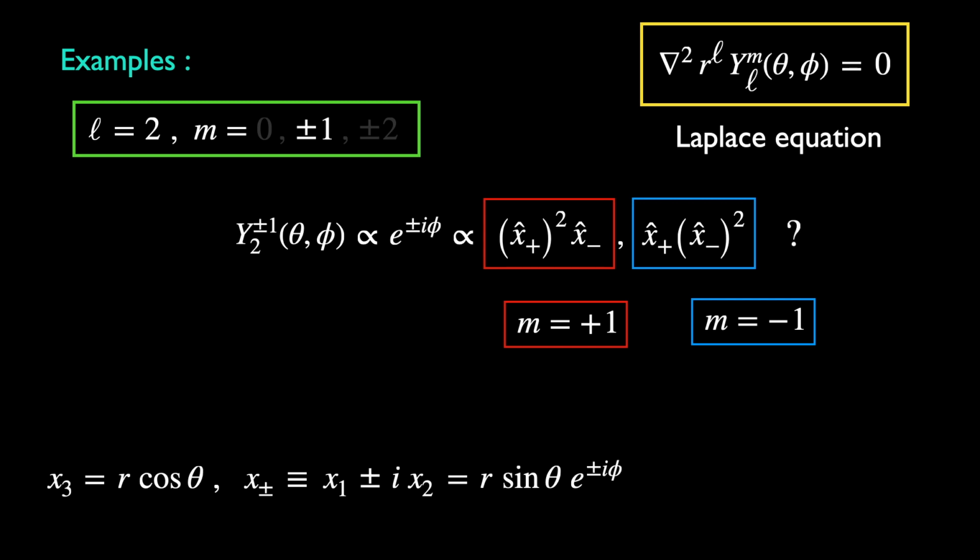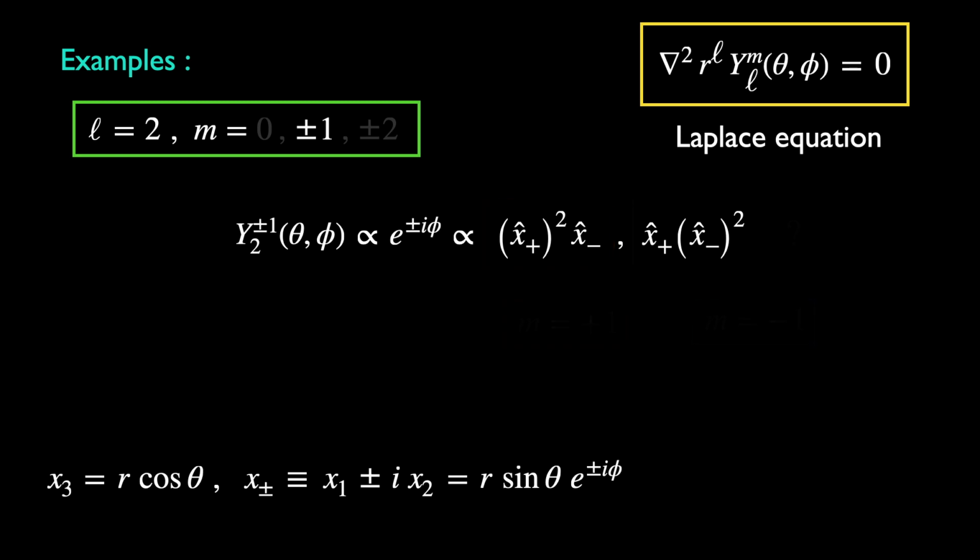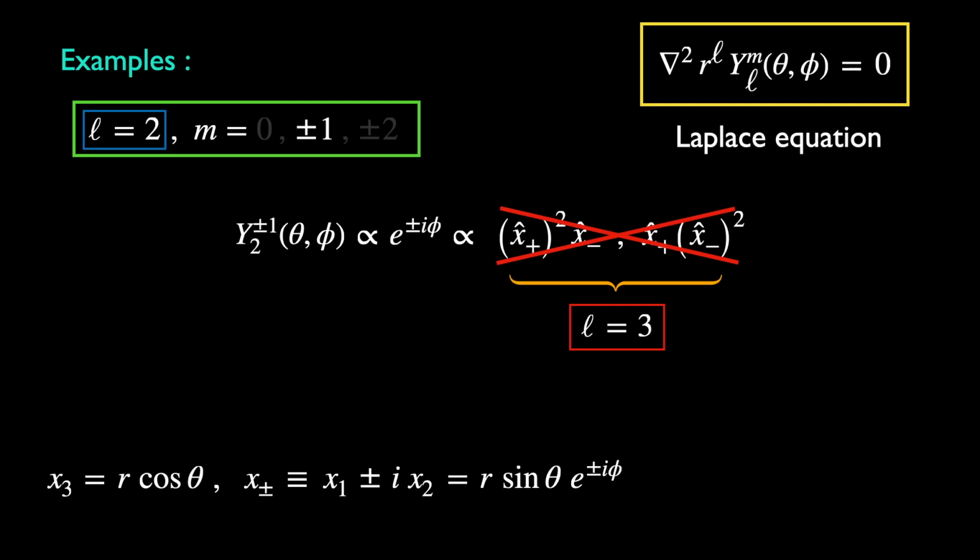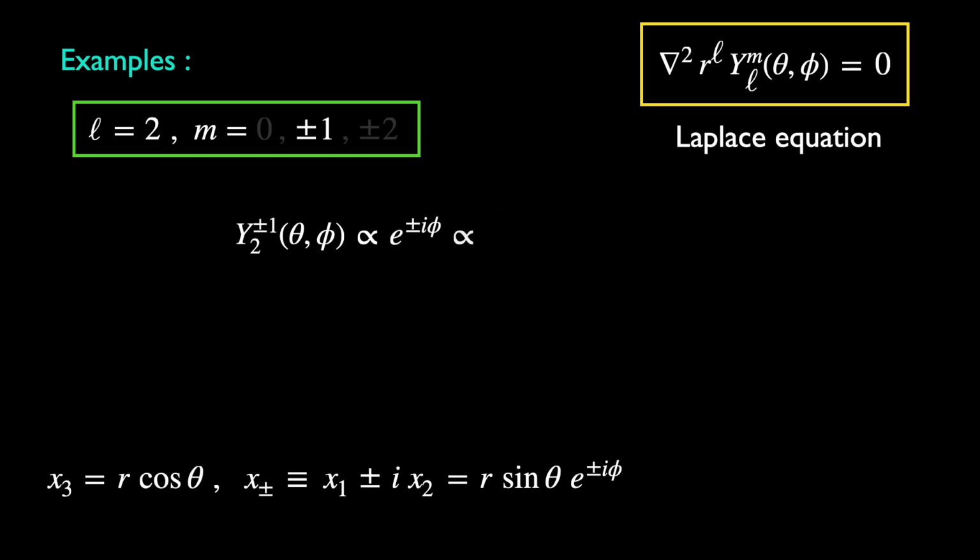Turns out that these are not acceptable, as their values for L is 3, instead of the required 2. Thus we need just one factor of x plus minus to carry the correct m values, with an additional factor of x star, which does not contribute to m, to make up the correct L.